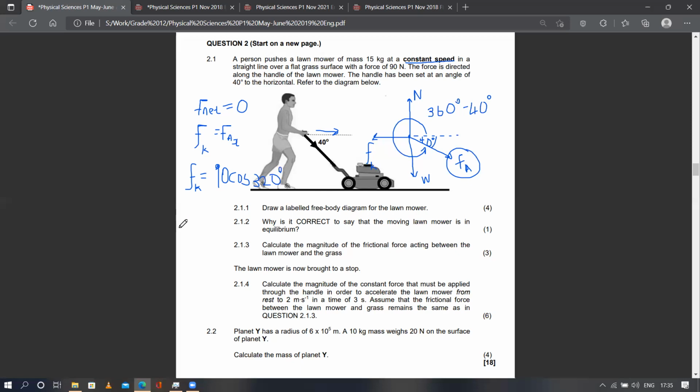So your kinetic friction is going to be 90 the cos of 320, which is 68.95 newtons.